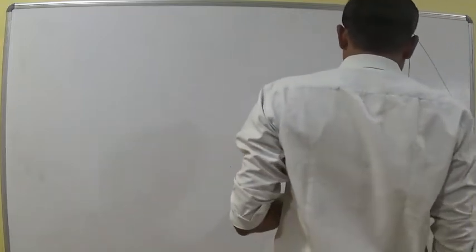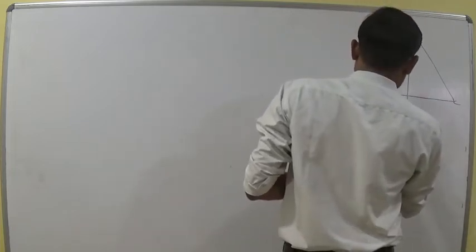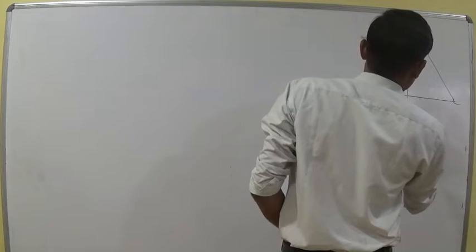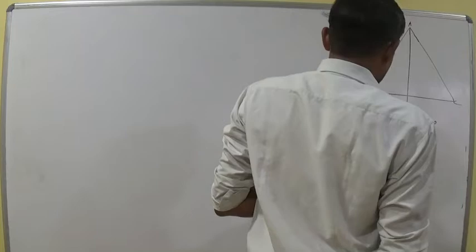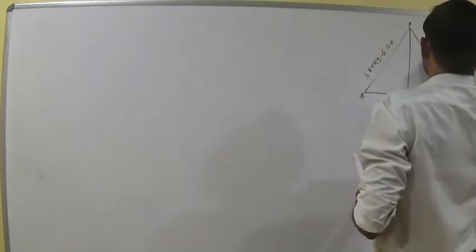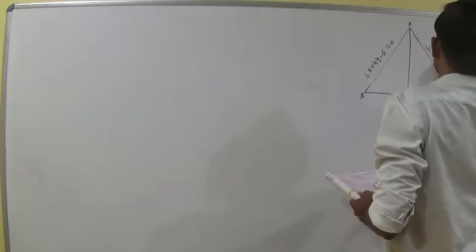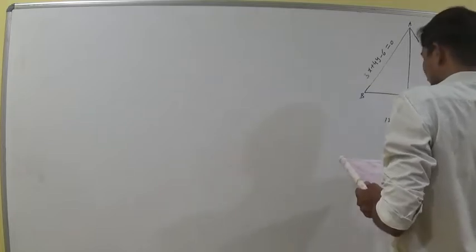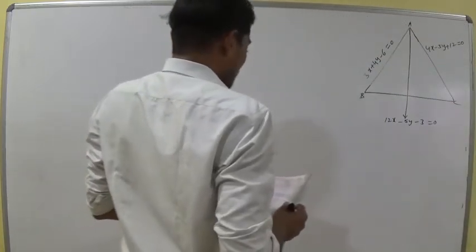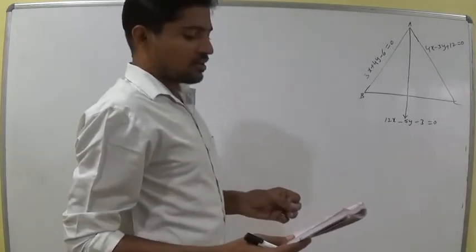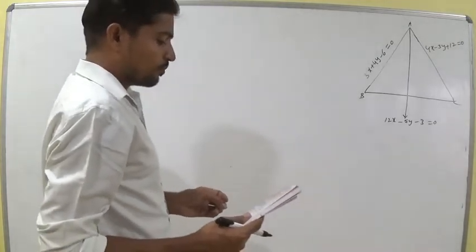And the internal angle bisector equation is also given here, that is, for angle A, 7x + 7y + 18 = 0.